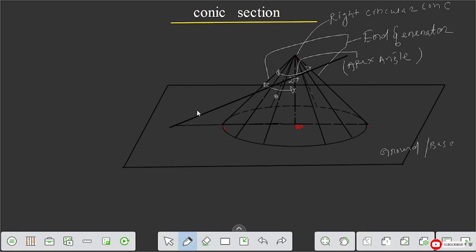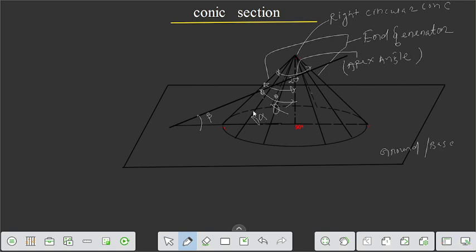So this angle is denoted beta, and the cutting plane makes an angle phi with the axis. The end generator makes an angle alpha with the base.